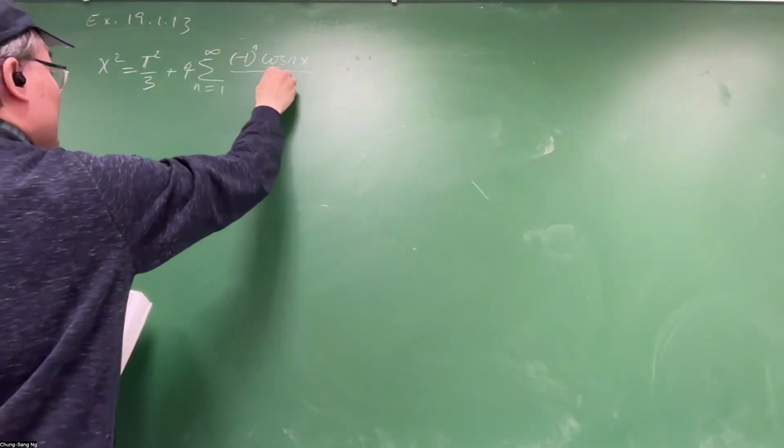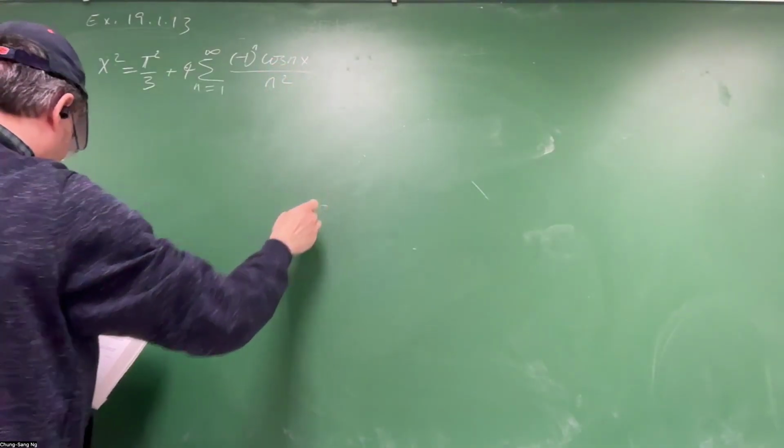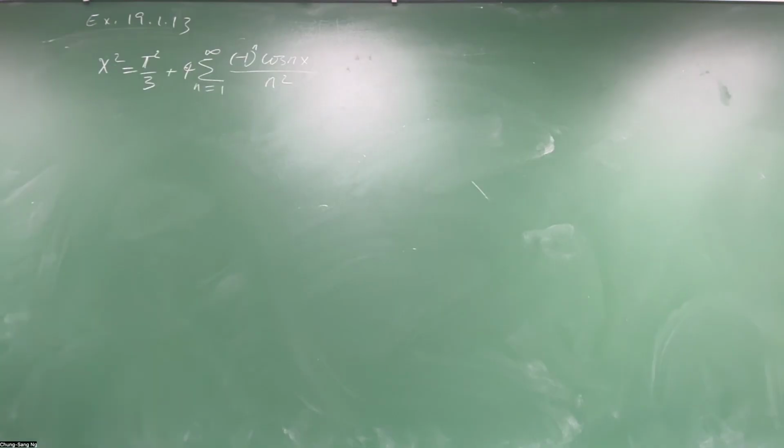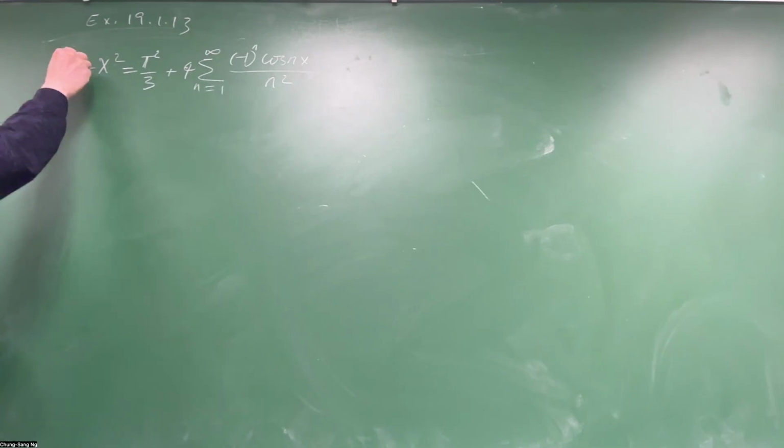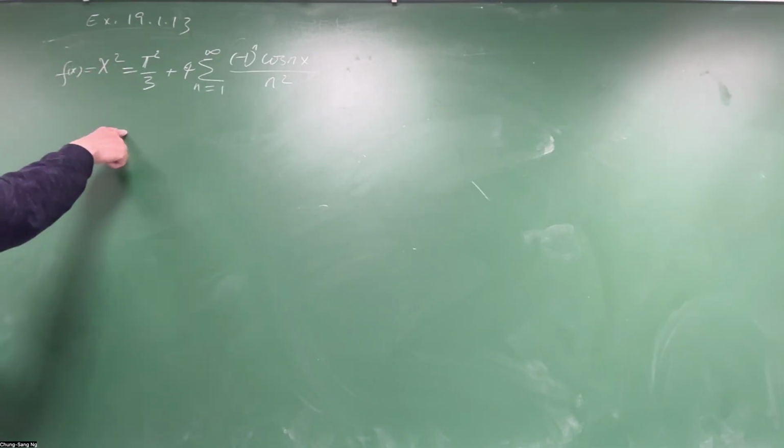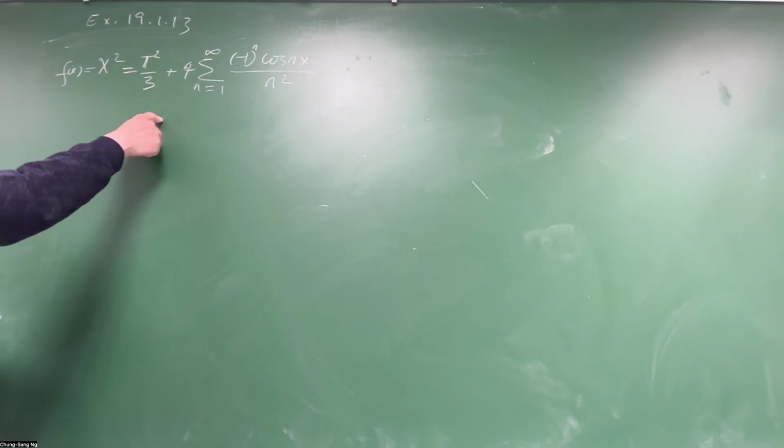This is x from minus pi to pi, so the period is the standard case. If you use the Parseval theorem, this is your f. Then you plug in the first equation of the problem.